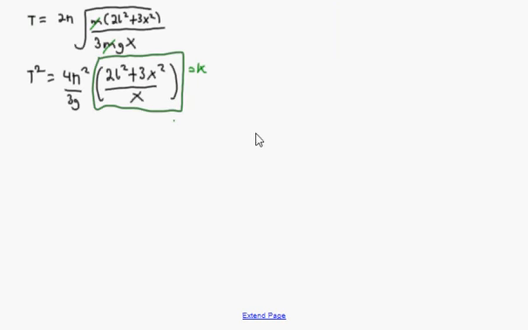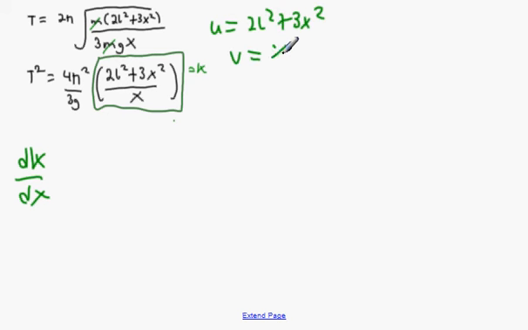Okay, so we're going to start differentiating it. So what we're going to get is dk/dx ends up to be, remember u is going to be 2l squared plus 3x squared, and v is going to be x.